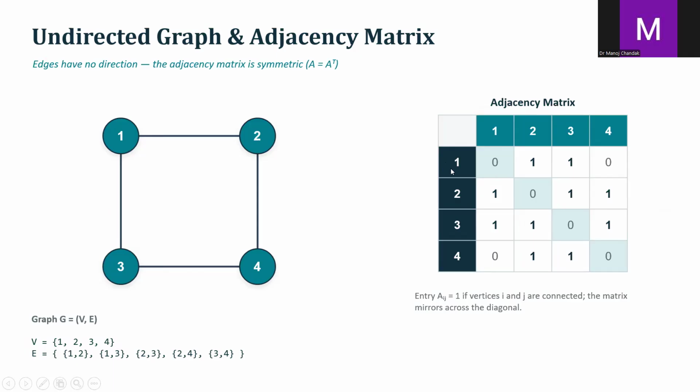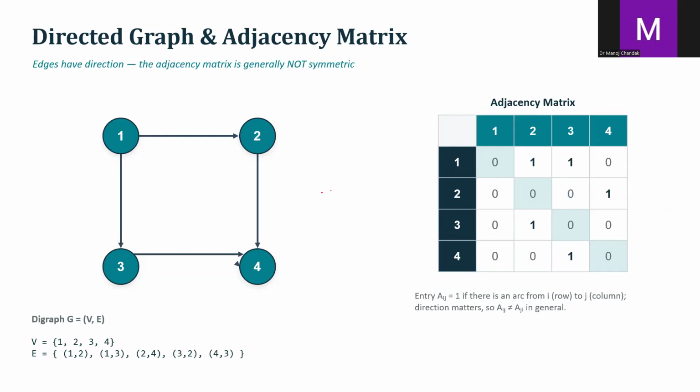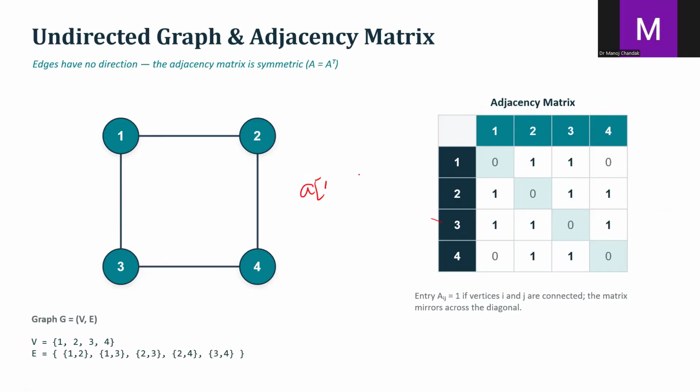So when I see 1 to 2 in the matrix, if I represent this matrix as matrix A, then I can always say A of 1 comma 2 is 1 here, and similarly A of 2 comma 1 is also 1.